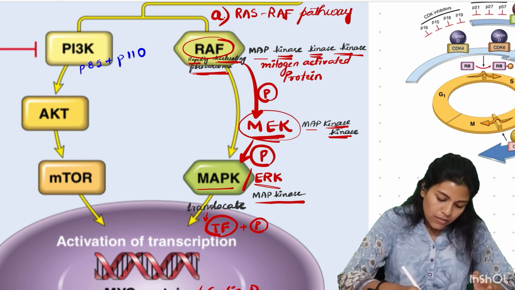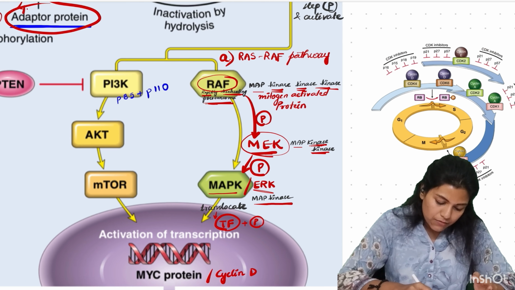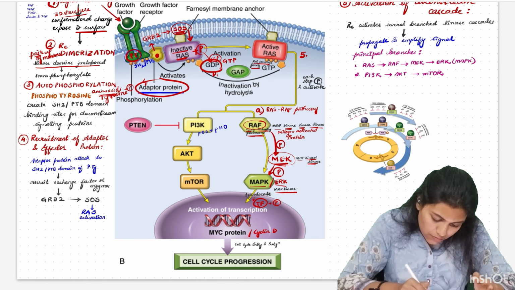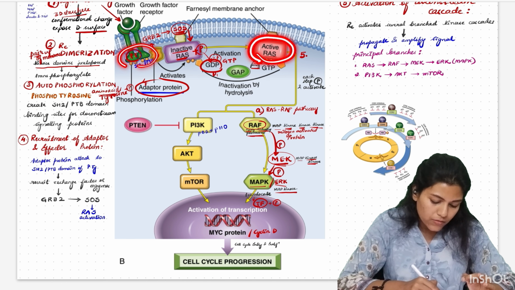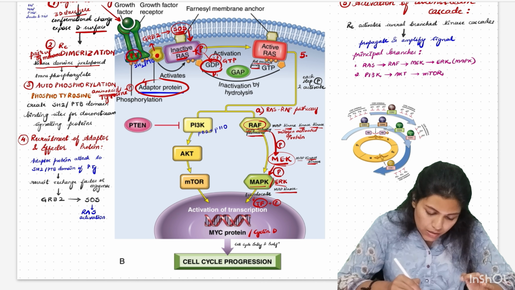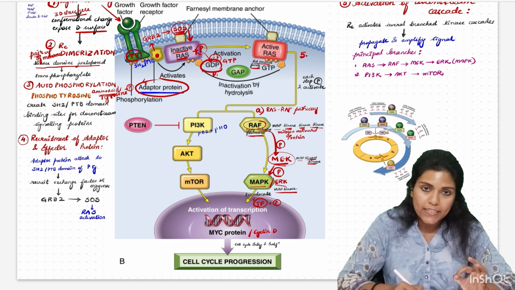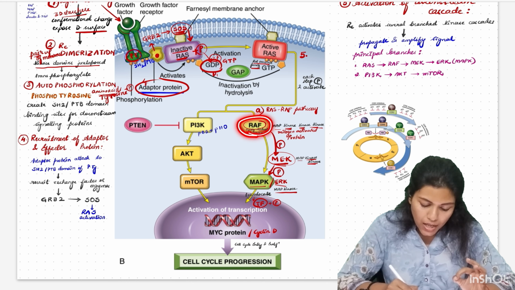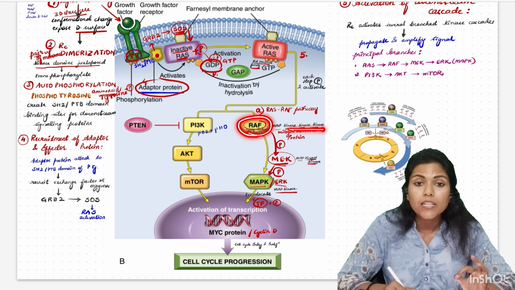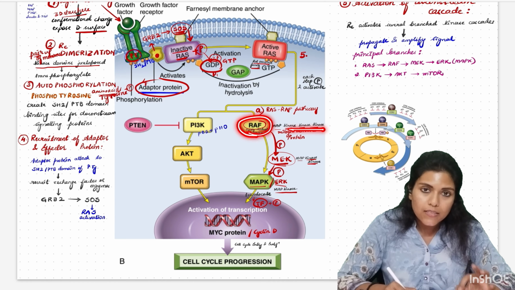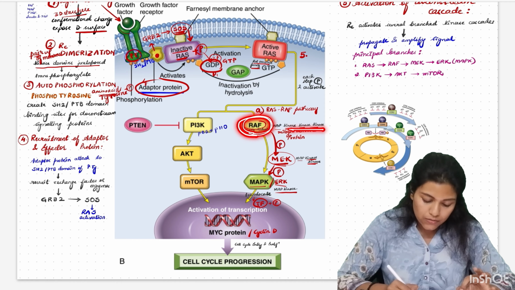So, to summarize, the active RAS thus formed because of this phosphotyrosine will recruit RAF. RAF is a triple kinase, mitogen activated protein kinase, kinase, kinase. This RAF in turn will phosphorylate MEK. In each step, there's a phosphorylation.